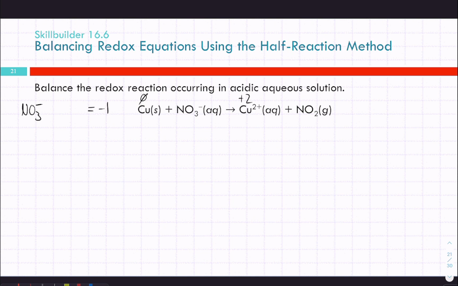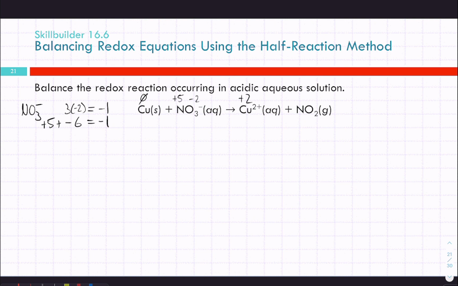So if we need this to be a -1, the one we know is oxygen. So it's 3 times a -2, which gives us -6. So nitrogen is +5.